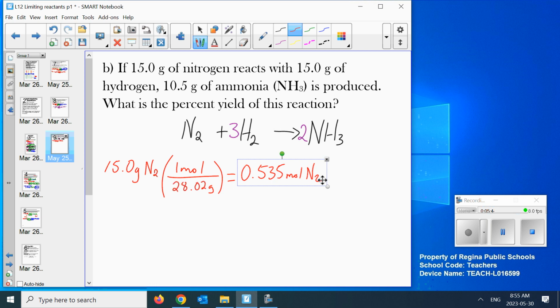Now, the moles of hydrogen. Hydrogen has a very low molar mass, 1.01 times 2, 2.02. 15 divided by 2.02 is 7.42.